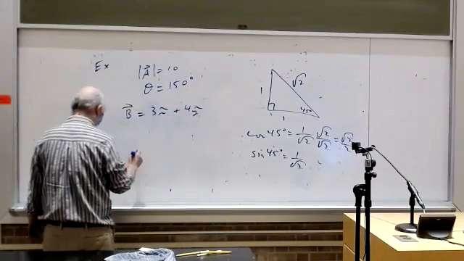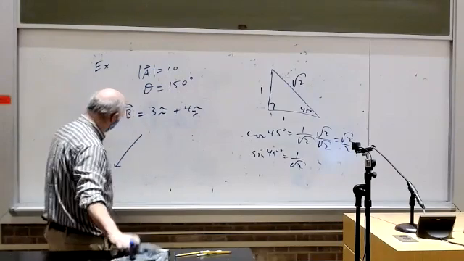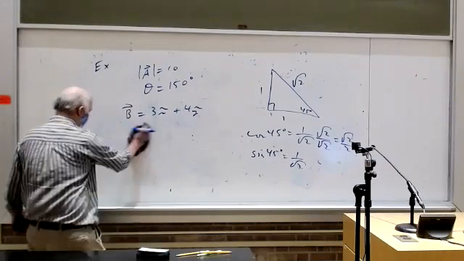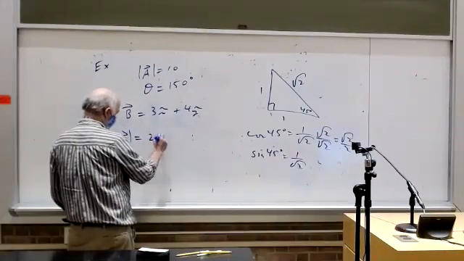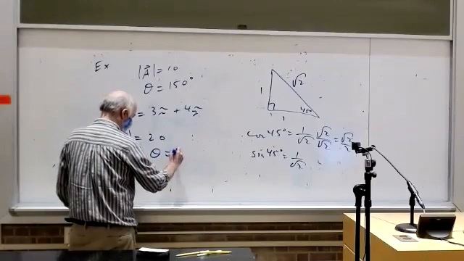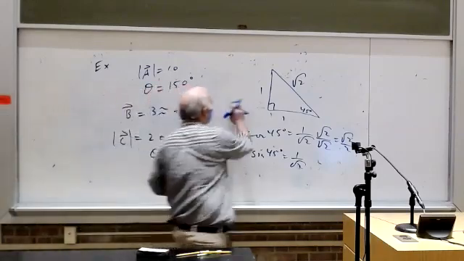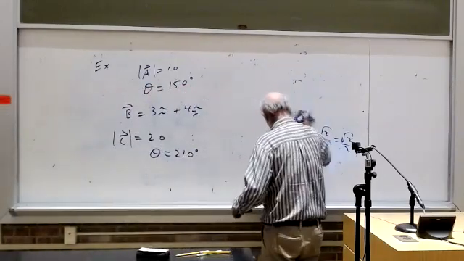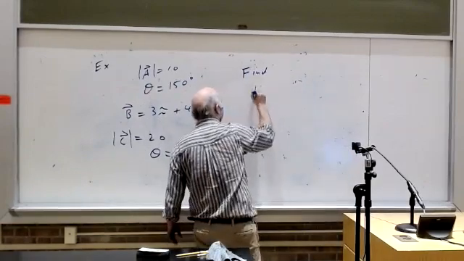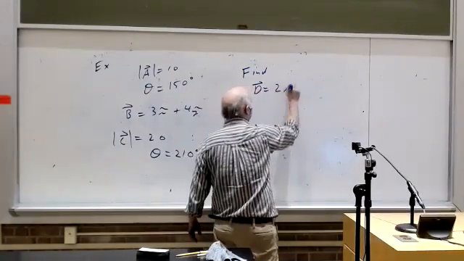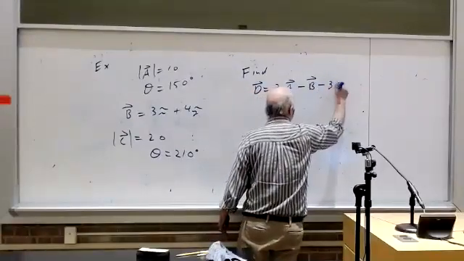And vector C, which is this. I want you to find the new vector D, which is 2A minus B minus 3C.